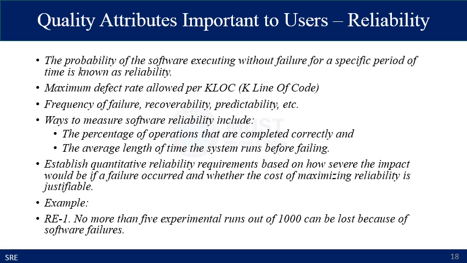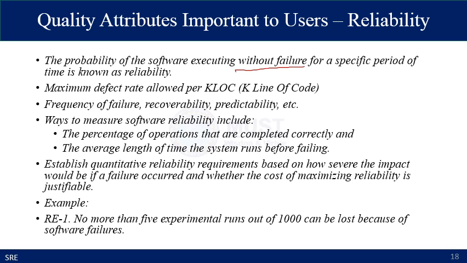The next important quality attribute requirement to the users is reliability. Reliability is closely linked with availability, and is the probability of the software executing without failure.